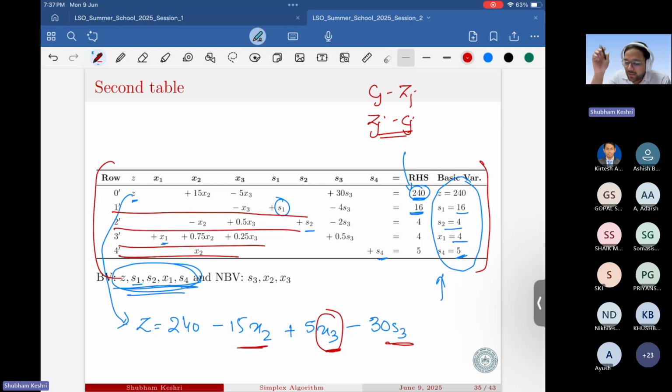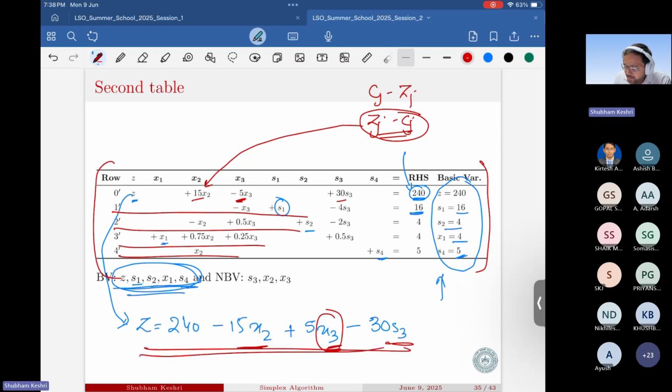These Zj minus Cj are actually these values, 15, minus 5, 30, and so on. For a maximization problem, I guess it is Zj minus Cj. If it is negative, then that variable becomes the entering variable. So over here also we are saying that x3 is the entering variable.